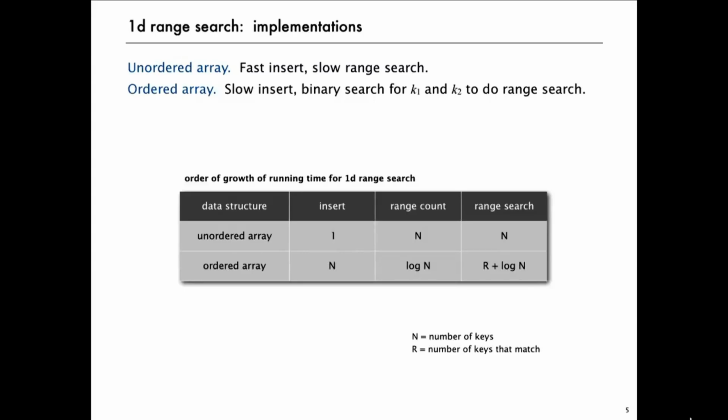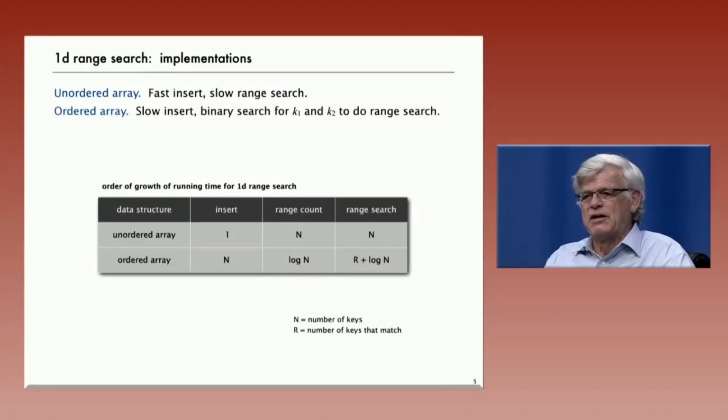If you keep the things in order, like in a binary search situation, then to insert, in order to keep it in order in an array, you might need to move the larger ones over one position and so forth. Our elementary implementation of binary search, when we did symbol tables, did this. So the insertion time might be linear, but then you can use binary search to look for the two endpoints.